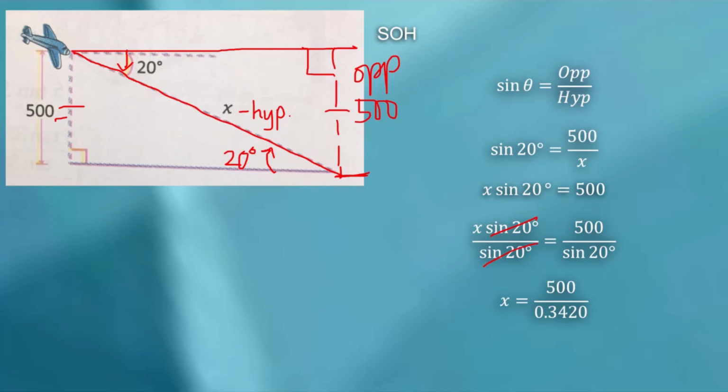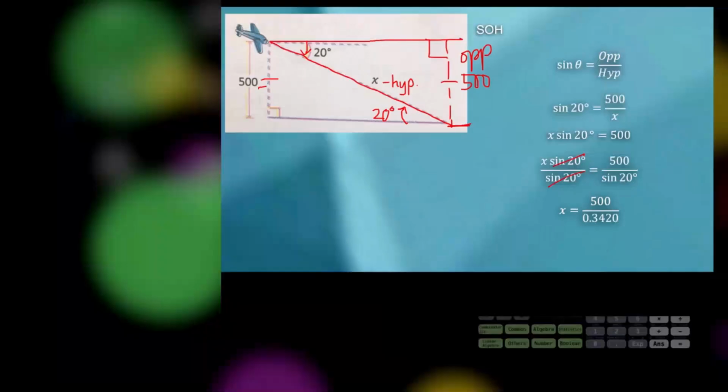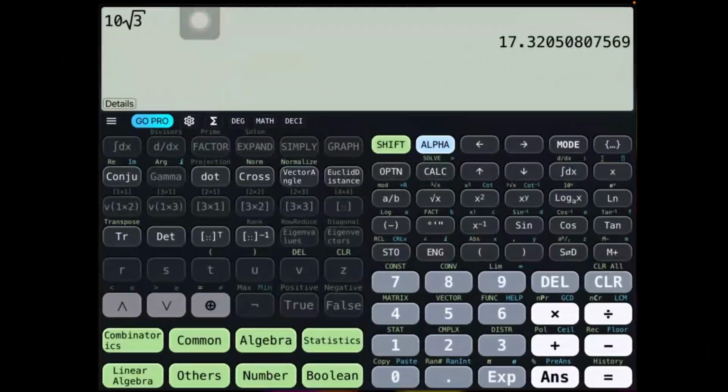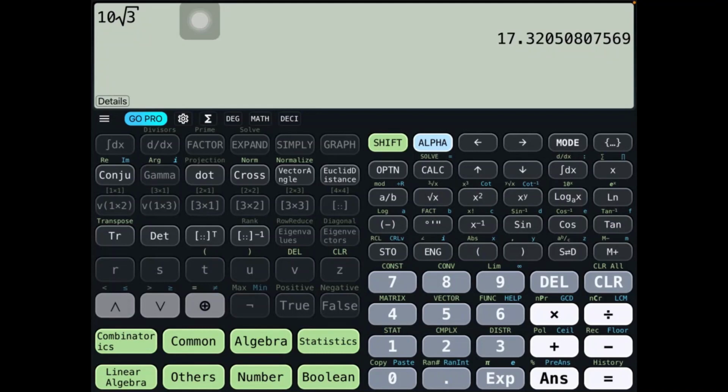That is x is equal to 500 over 0.3420. Okay, paano po ulit natin kukunin yung value ng sin 20? Sa calculator po natin, pipindutin lang natin yung sin 20. Then, lalabas na po yung sagot. That is 0.3420.